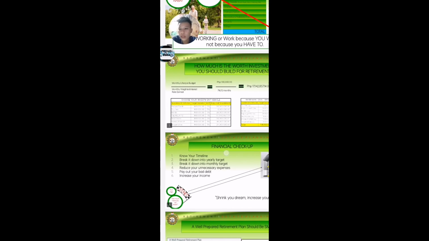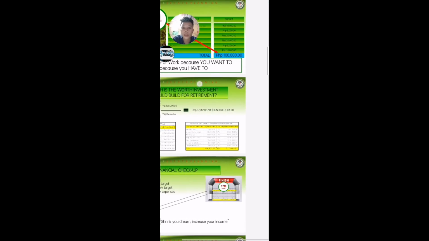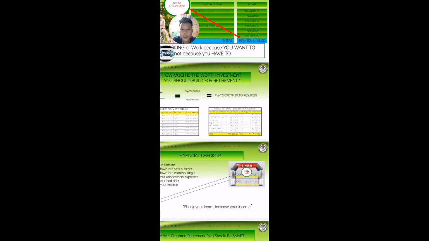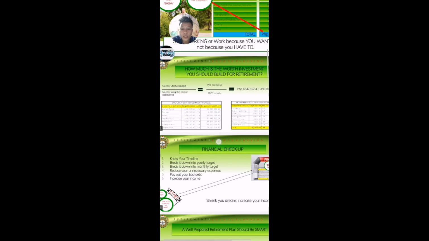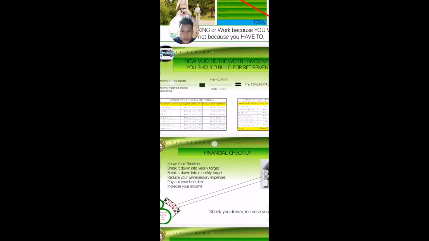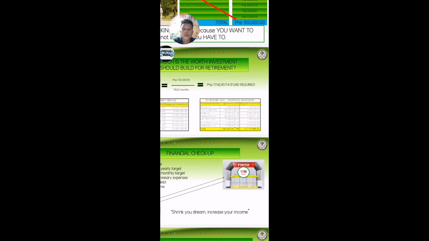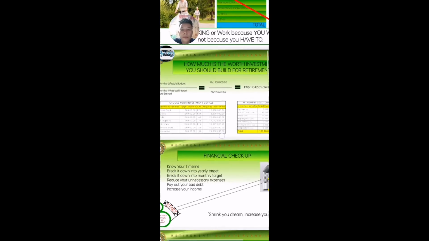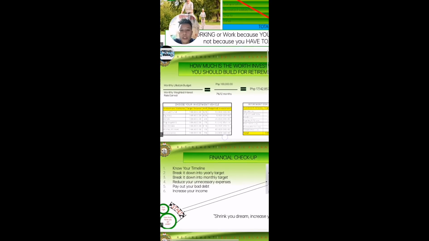Based on the above, the monthly lifestyle budget is 100,000. So 100,000 divided by 7%, then times 12, is equal to 17,142,857.14. That is the fund required for a monthly lifestyle budget of 100,000.